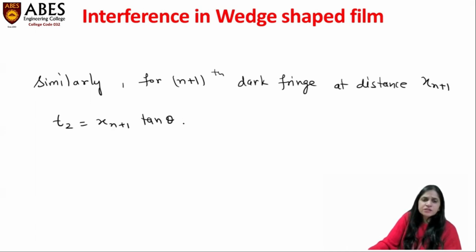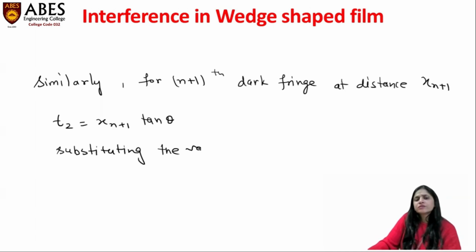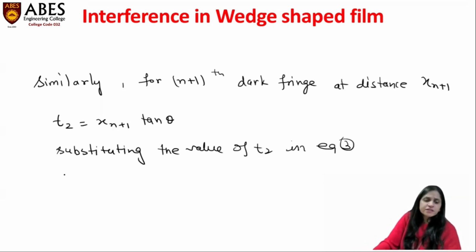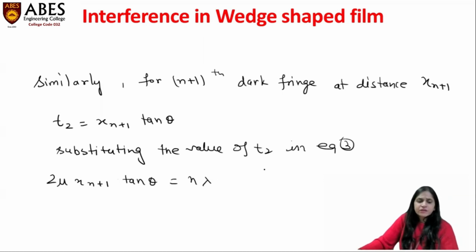Again, substituting this value of T2 in equation number 3, the condition of minima, we get 2 mu xn plus 1 tan theta is equal to n lambda. Okay, so this is equation number 6.